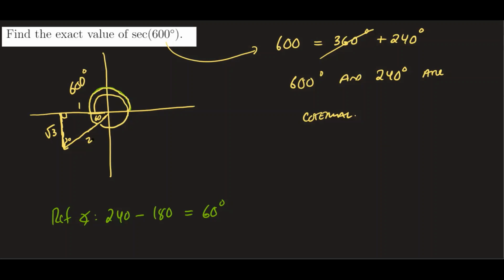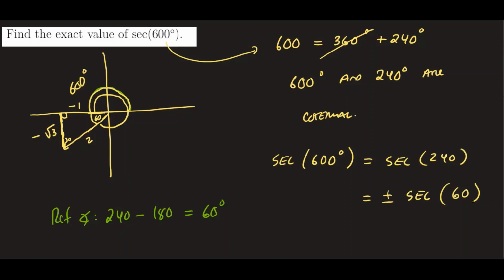And because we're on the third quadrant, we know our x is negative, y is also negative, hypotenuse is always positive. Okay, so now we're ready to figure out what is secant of 600. Well, we wrote it as its coterminal, so secant of 600 is equivalent to secant of 240, which is equivalent to plus and minus secant of its reference angle, which is now 60 degrees.